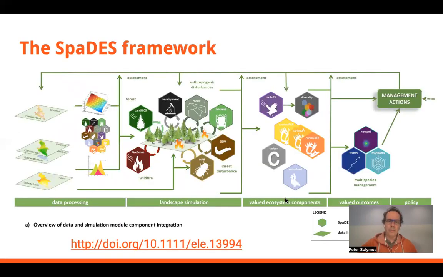And a little bit more about the scientific background of how things were processed. There are lots of input layers, which include fire database, climate layers, species distribution models, and then future climate. And then you have these modules all written in R as part of the SpaDES framework, which stands for Spatial Discrete Event Simulator.